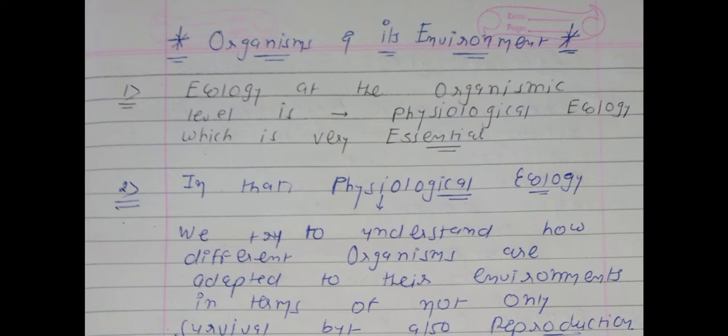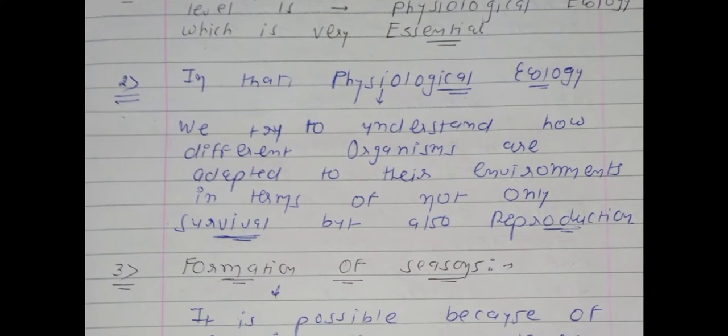Point number 2: in physiological ecology we try to understand how different organisms are adapted to their particular surrounding environments, in terms of not only survival but also reproduction. Again, it is a very important point, underline this.